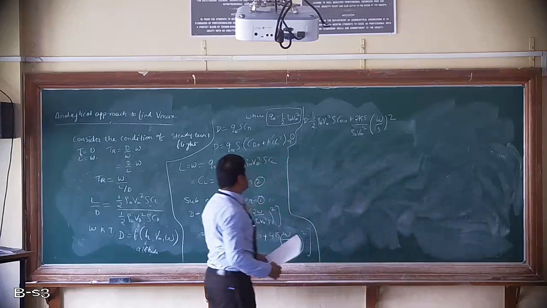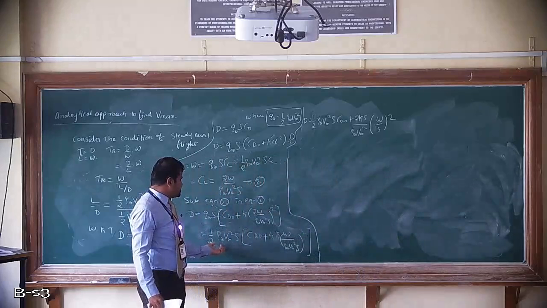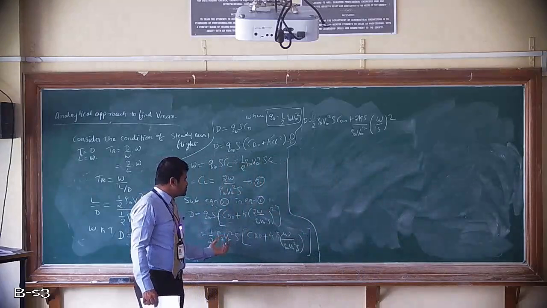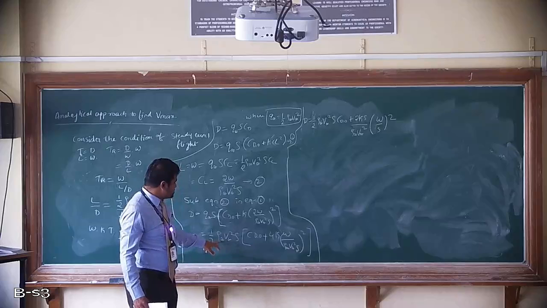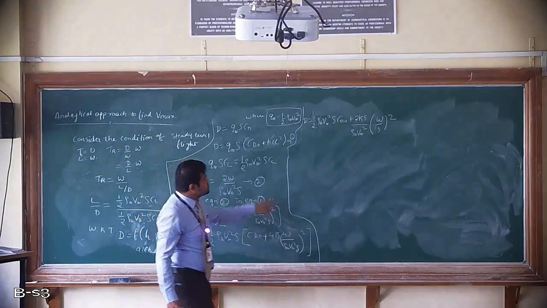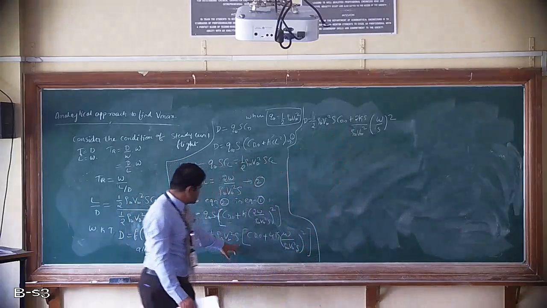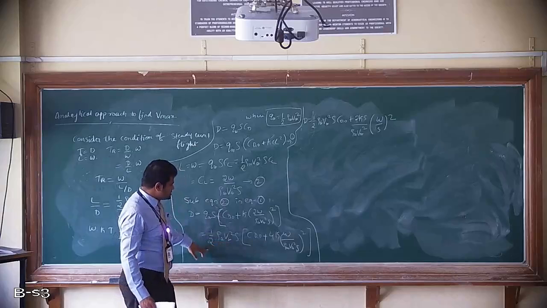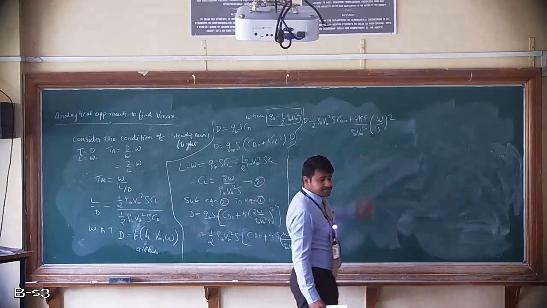What has he done here? We'll have a look. Multiplying half rho infinity V infinity square S into these two terms: multiplying half rho infinity V infinity square S by CD naught will give you this expression, and the same thing, multiplying with the second term, we are going to get this expression.